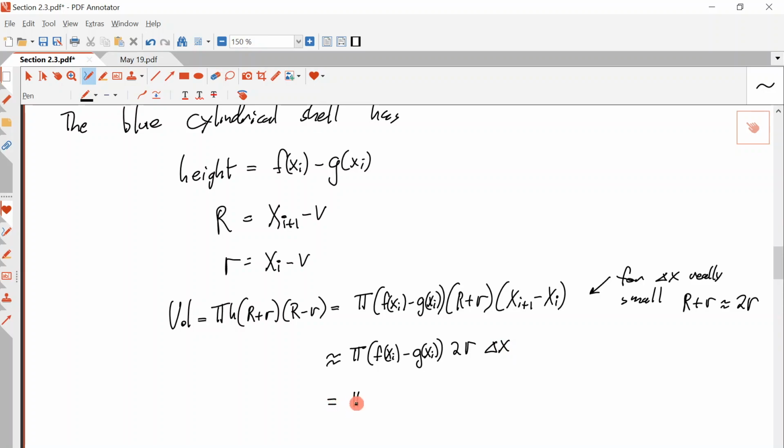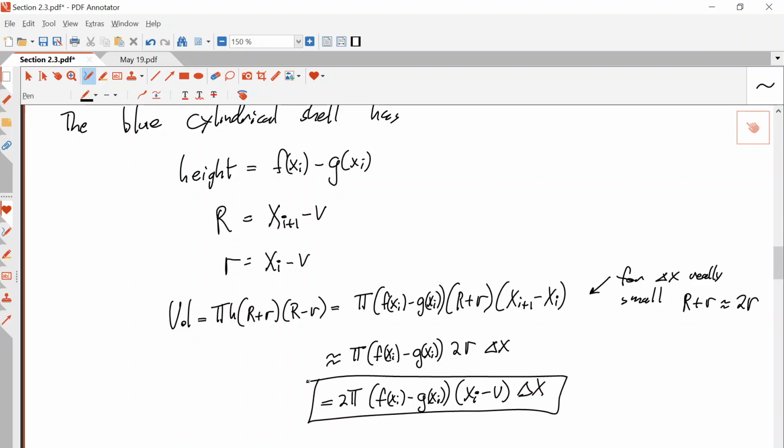So this is equal to 2 pi times f of x_i minus g of x_i, times x_i minus v, times delta x. So there it is.